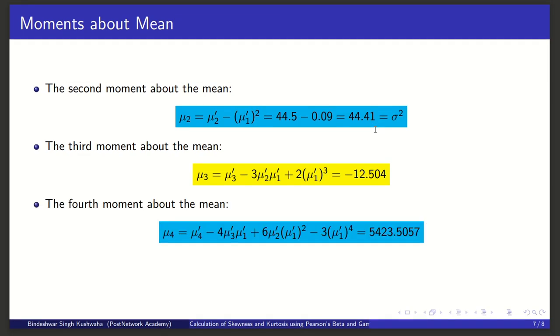Again, the fourth moment, mu4 is equal to mu4 prime minus 4 mu3 prime mu1 prime plus 6 mu2 prime mu1 prime whole square minus 3 mu1 prime raised to 4, and that is 5423.5057. Now use these values and we will calculate Pearson's beta 1, gamma 1, beta 2 and gamma 2.